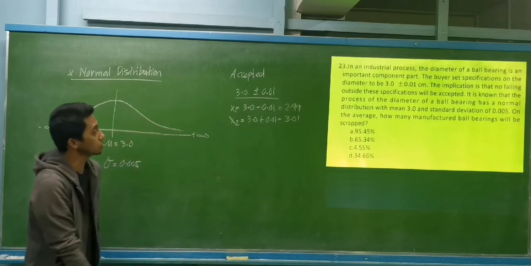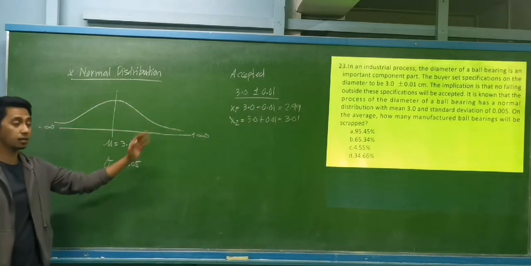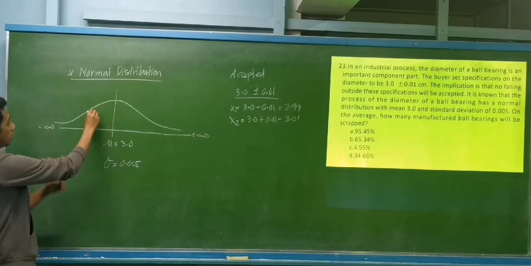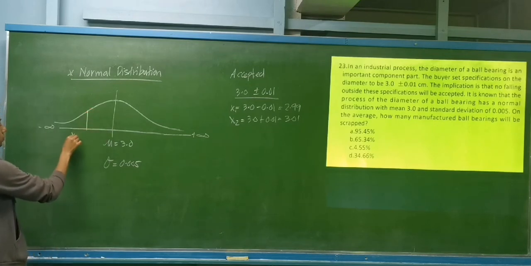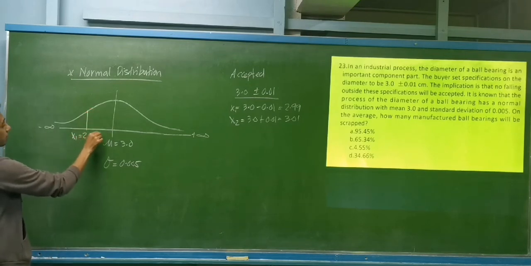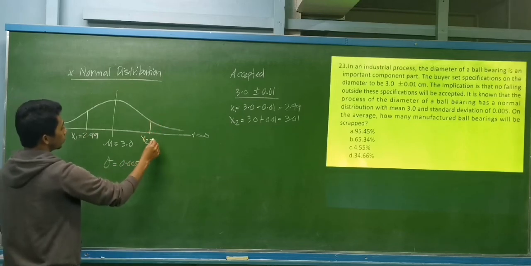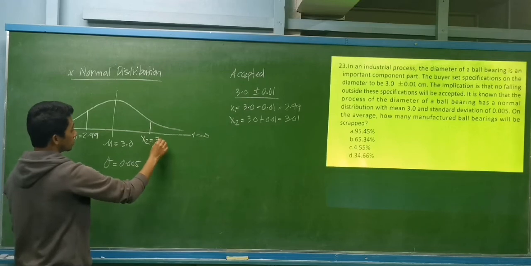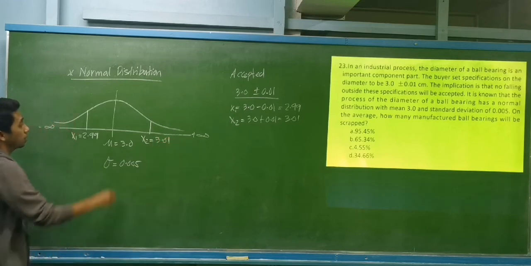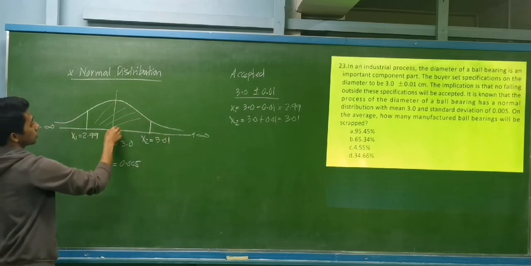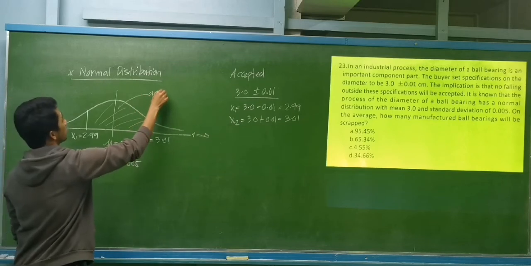So yun yung mga accepted values. Kung ilalagay natin siya dito sa graph, exaggerate lang natin. Ito yung x of 1 natin na 2.99. Ito naman sa kabila, yung ating x of 2, yung value nito is 3.01. Ito yung graphical representation ng mga accepted.